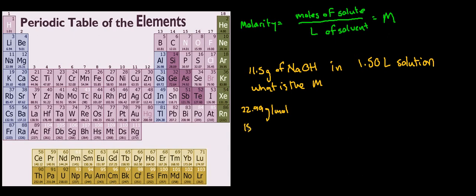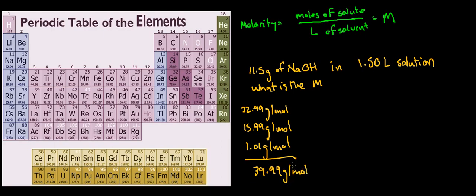O is 15.99. And hydrogen is 1.01. So tally these up. This is the molar mass of NaOH.